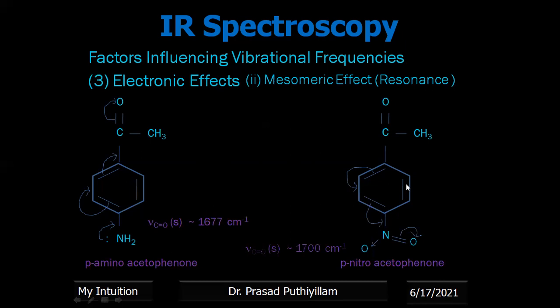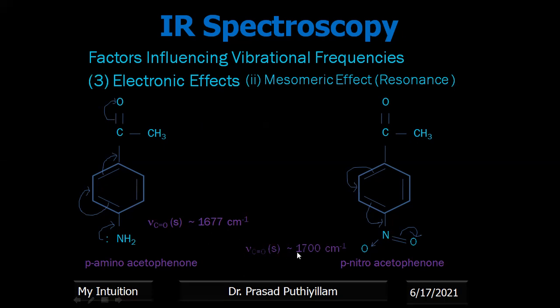Only the pi electrons present in the benzene ring participate in that. Even if it tries to come to the oxygen, which has lone pairs of electrons, the C=O oxygen again has lone pairs of electrons. Therefore, this bond is not much affected by the presence of the nitro group at the para position, whereas in para-aminoacetophenone, the lone pair of electrons on nitrogen affects it and weakens the carbonyl functional group.